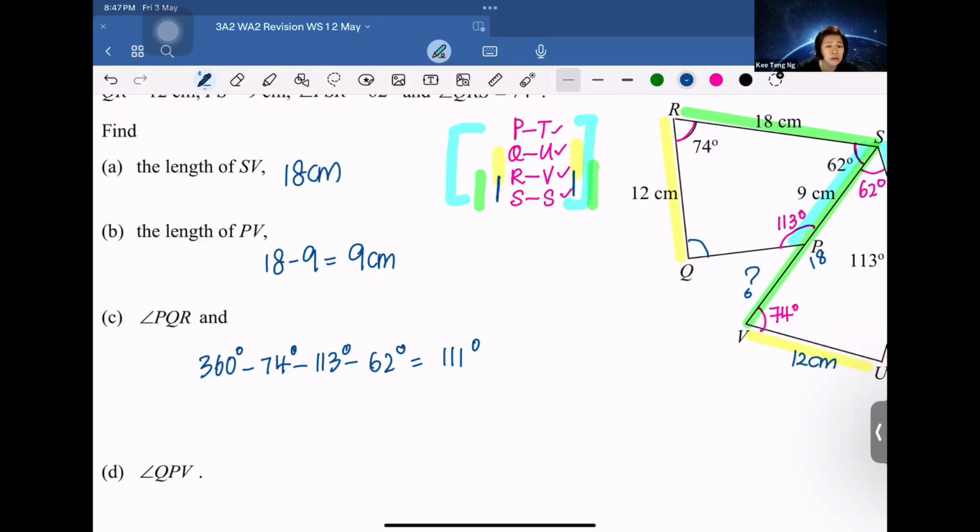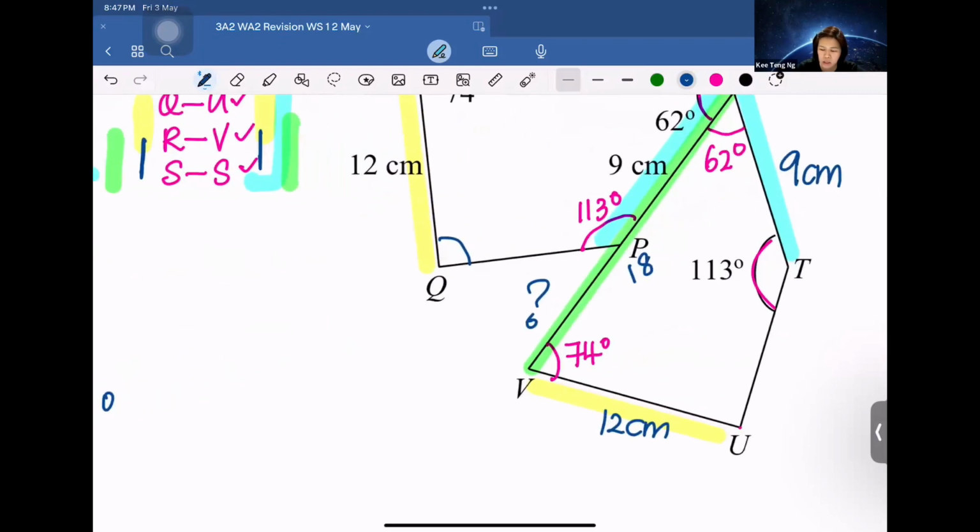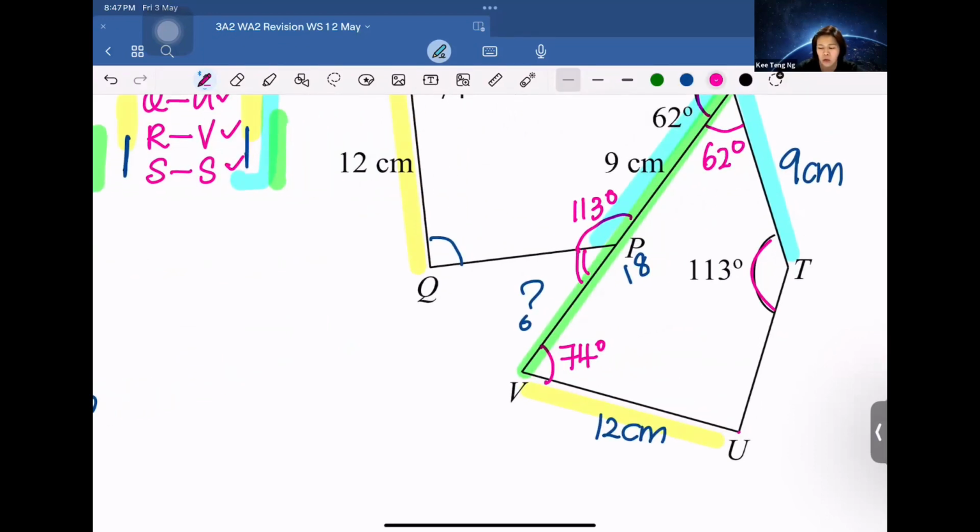Next one, find angle QPV. Angle QPV is the angle over here. We know that this whole line is a straight line, 180 degrees, and this is already 113.